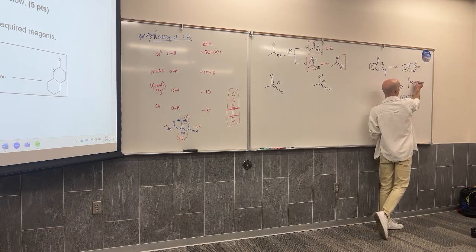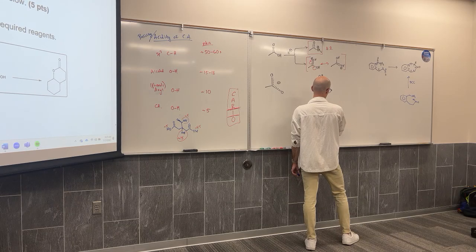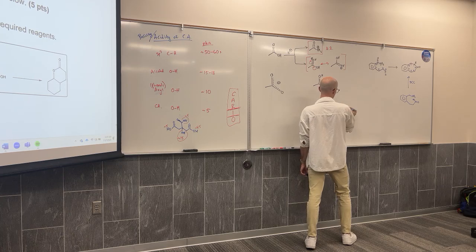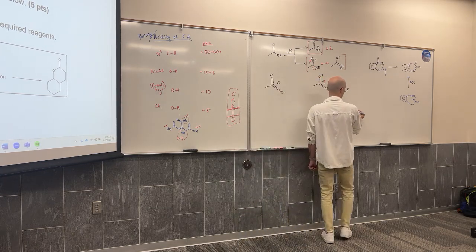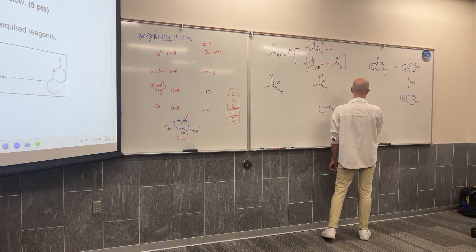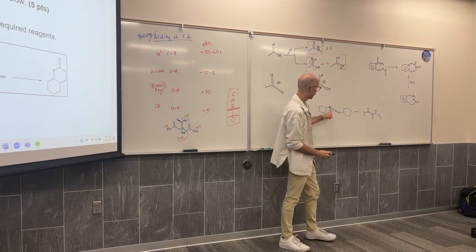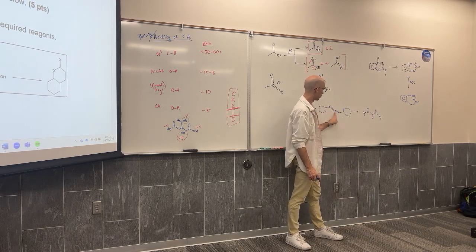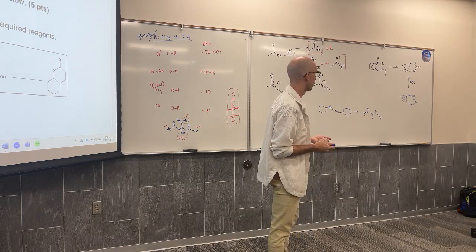I provide DCC. DCC is this reagent, by the way. It's kind of a fun little compound. And at the end, when DCC has run its job, it pulls out H2 and O. So it chemically absorbs that water.